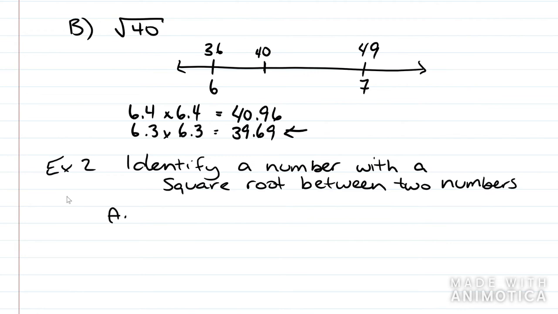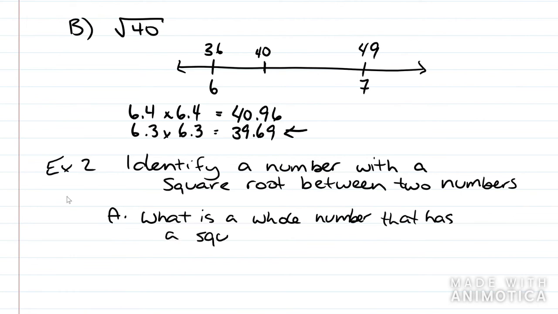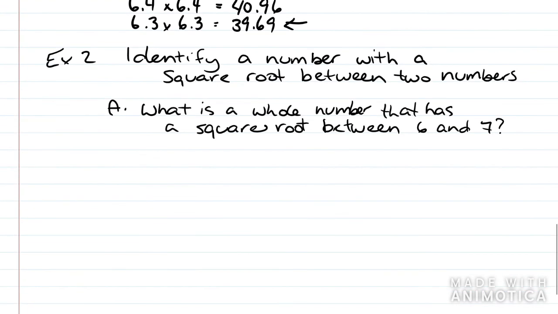So what is a whole number that has a square root between 6 and 7? Well, this one's actually easier than it may sound. The very first thing you do is you're going to do your number line just like before, but you're going to do it backwards.